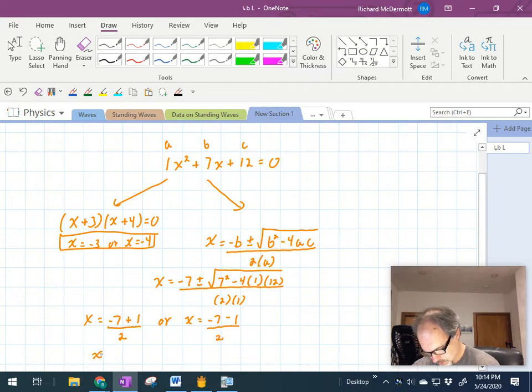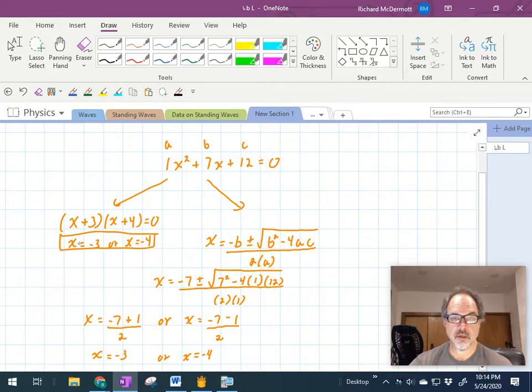So we get answers of x is equal to negative 3, or x is equal to negative 4, which is what we got from factoring. Okay, so we can use factoring or we can use the quad program. It really makes no difference. The equation doesn't care how you solve it.